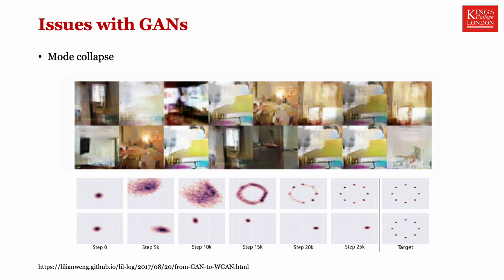However, the generative network has a much easier task because it now only needs to generate one type of thing rather than the three organ types. So the generative network has collapsed onto a single mode, in this case the brain images, and has ignored the fact that the liver and cardiac images are not being generated.